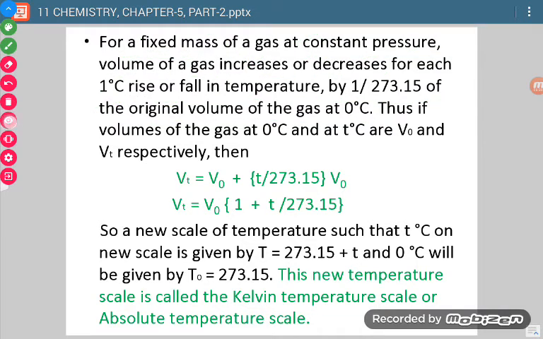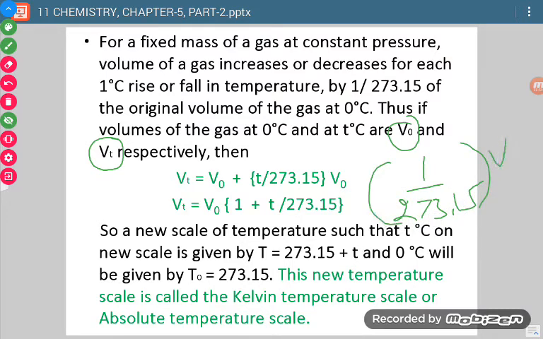Now let us understand one more way. Suppose V0 is the volume of gas at 0 degree Celsius and Vt is the volume of gas at T degree Celsius. Okay. Now first of all, let us write like this: 1 by 273.15 times V0. Okay. This is the portion which will either increase or decrease for every 1 degree rise or fall in temperature.